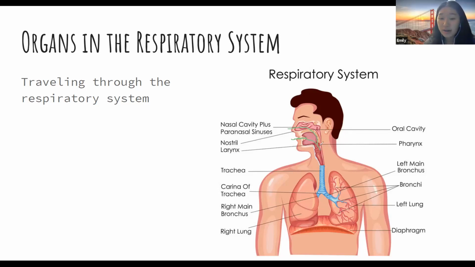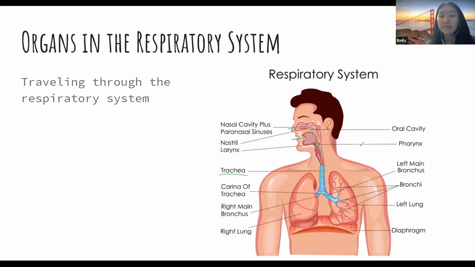As it travels down, it's going to pass through your windpipe, which is called your trachea. You can feel your windpipe on your throat if you tap your neck. The really solid thing in the middle there is your windpipe.